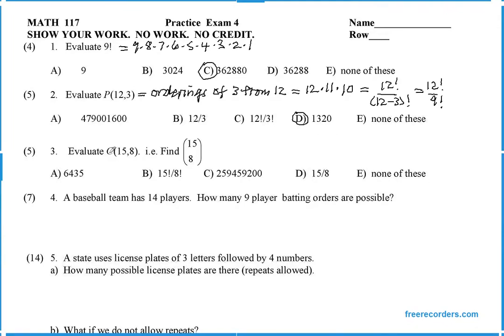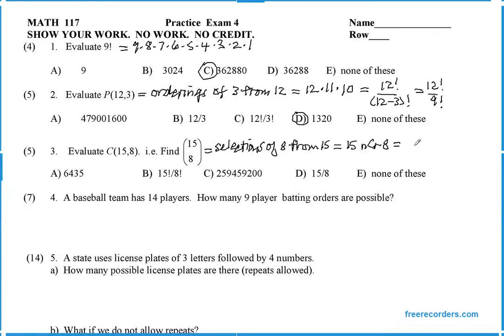And number 3, we're evaluating combinations of 8 from 15. So remember, this is selections. Order does not matter. Permutations, order matters. Combinations, order does not matter. So this is just selections of 8 from a total of 15. And the key presses here are going to be 15 nCr 8.